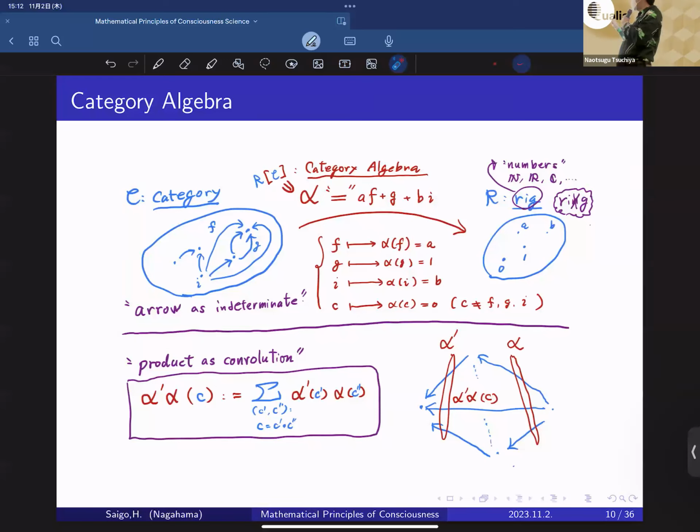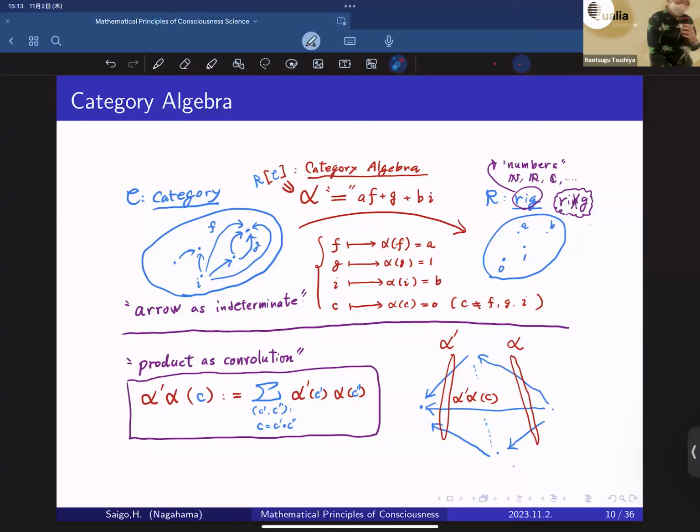But the point is, this is very easy. If this A, B is some kind of number, then it is very simple. But the point is to define the product is very difficult. But there is a canonical way to define the product. This seems too complicated, but the idea is quite simple.